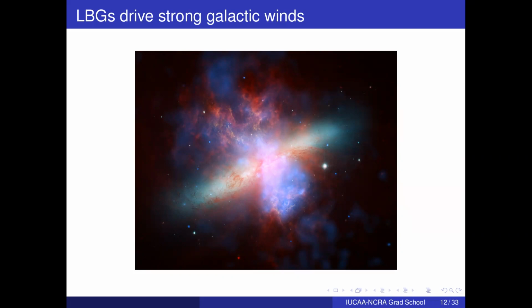This also tells you, suppose a galaxy is at 1000 solar masses per year, how much mass will it build up in a gigayear? In a gigayear, if it sustains this, 10 raised to 12 solar masses. Okay, and we hardly have any galaxies like that.